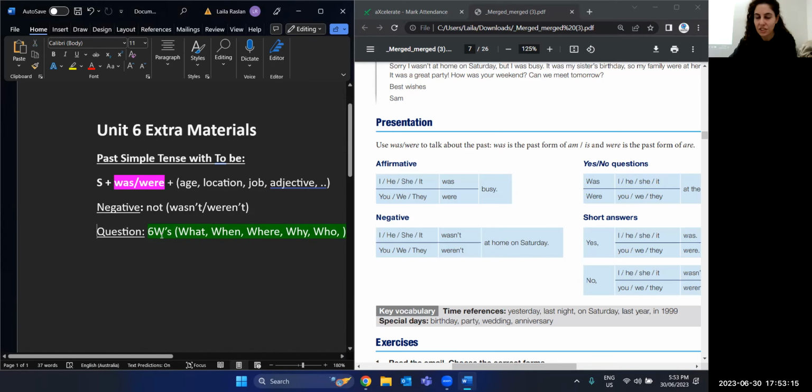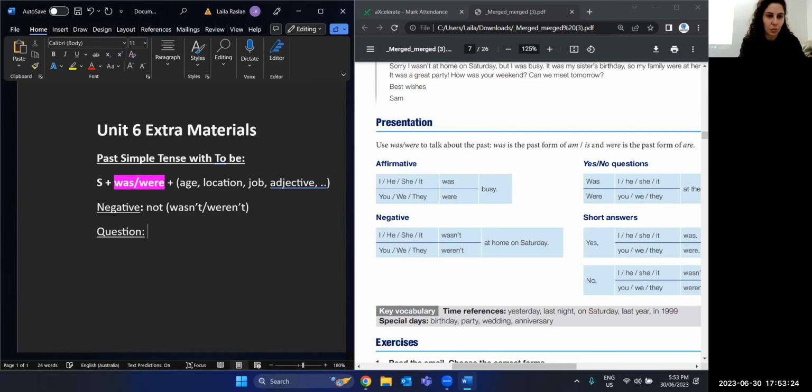And to make a question, start with was or were, subject, and that information. That's just some notes I've taken from here.